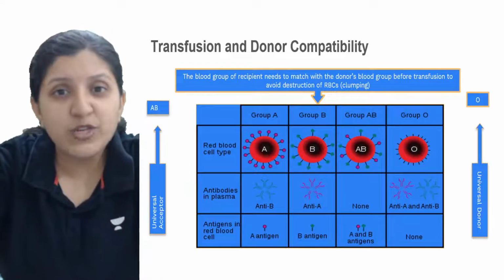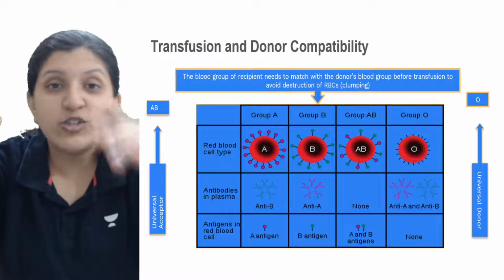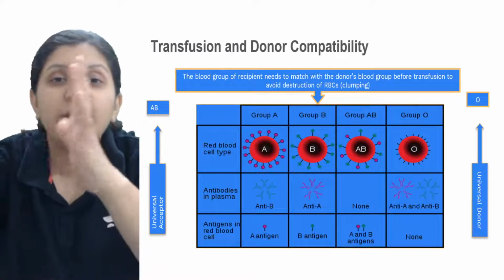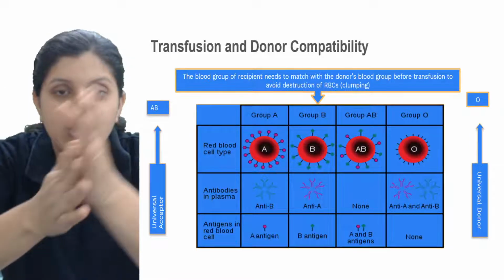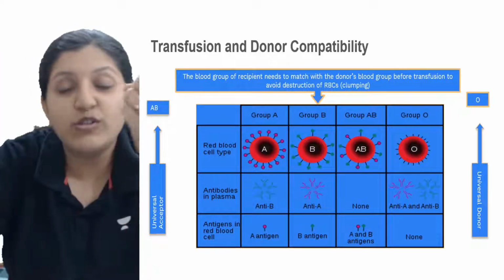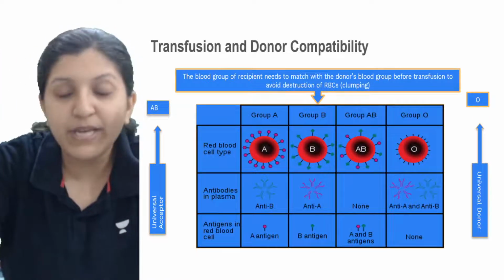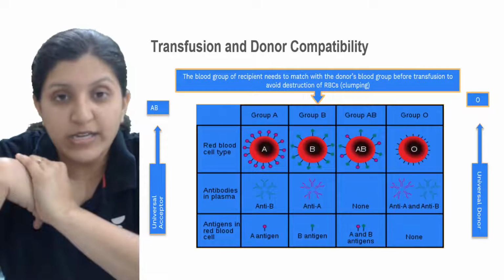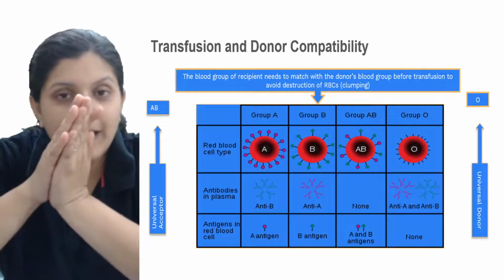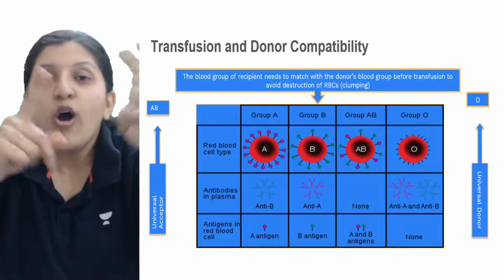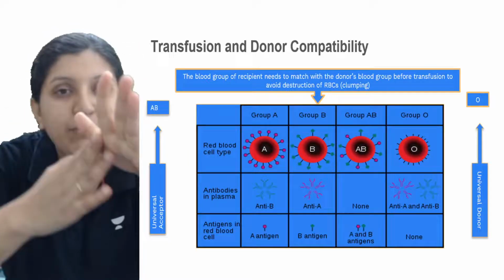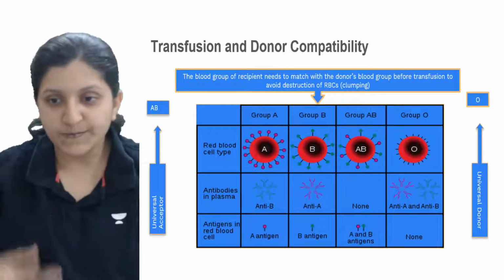If too much bile is being produced, that means there is a breakdown of the RBC. If the RBC hemoglobin breaks down, there is too much bilirubin, the bile pigment, which can lead to jaundice, or otherwise anemia. That's the reason a matching always has to be done between the recipient and the donor.